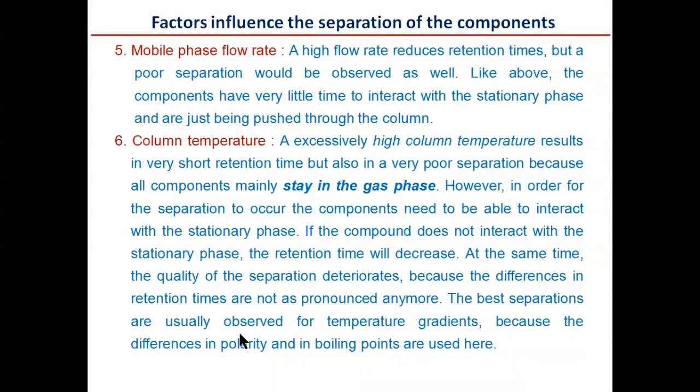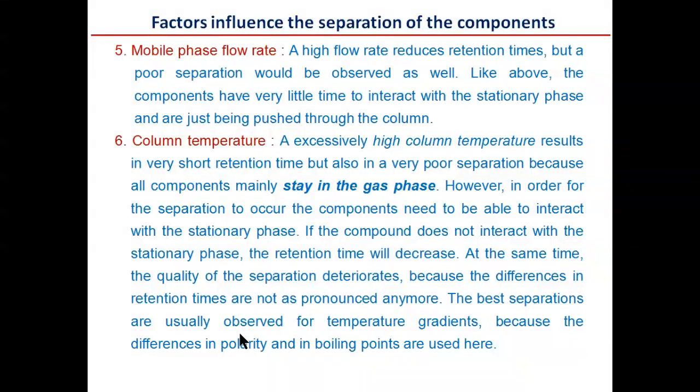The moment we increase the temperature of the column, or of the stationary phase, all the components of the mixture go, or partially go, to the gaseous phase. Once they go to the gaseous phase, the partition or distribution between the two phases is very poor, and hence this leads to poor separation of the component mixture in high temperature systems.